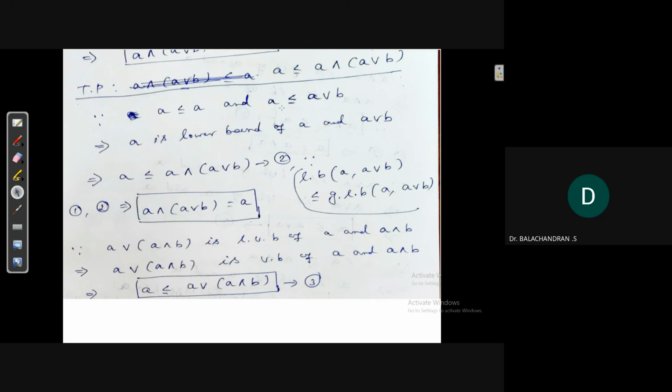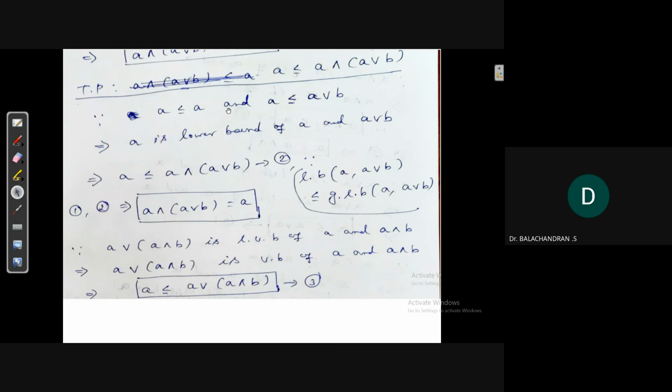And A is less than or equal to A or B. Why is this true? A or B is the least upper bound of A and B, hence it is an upper bound of A and also an upper bound of B. So it is an upper bound of A. That's why A is less than or equal to A or B. Similarly, B is less than or equal to A or B is also true, but I don't need that one here.